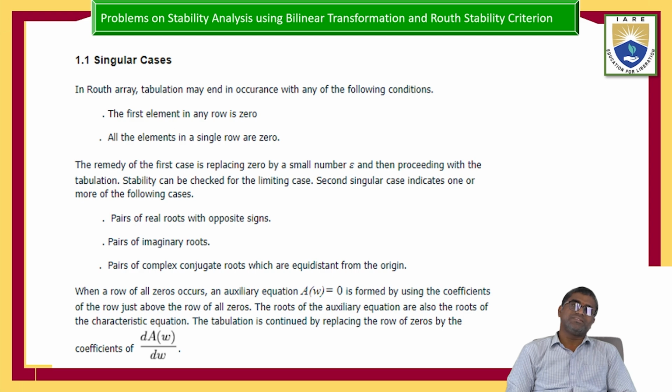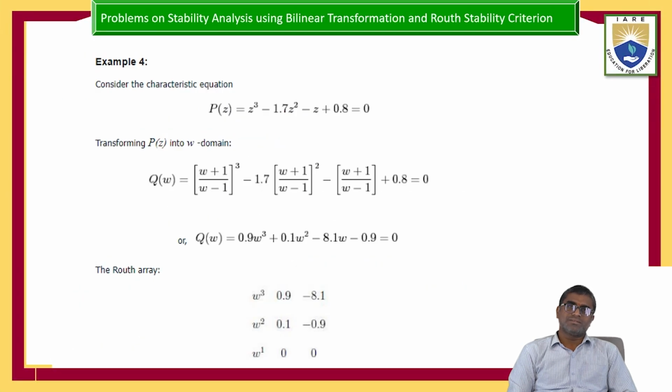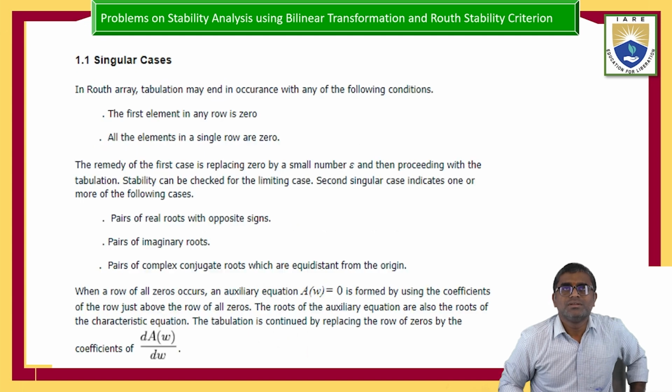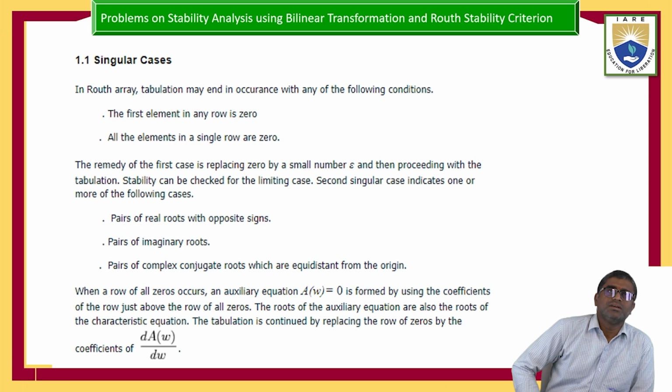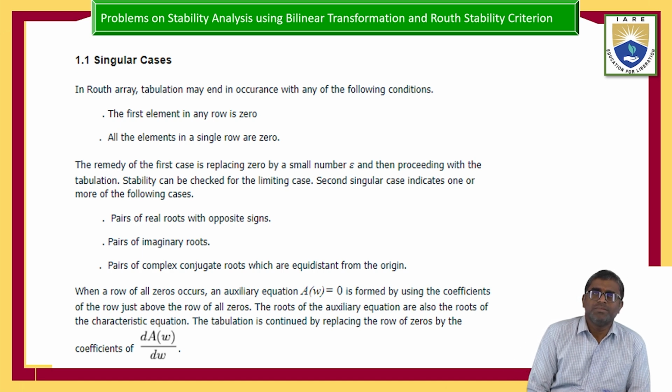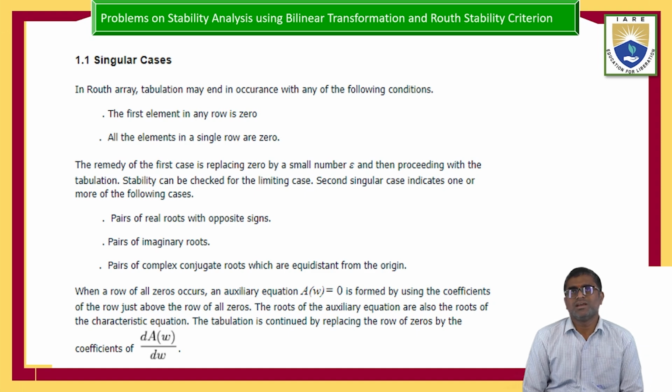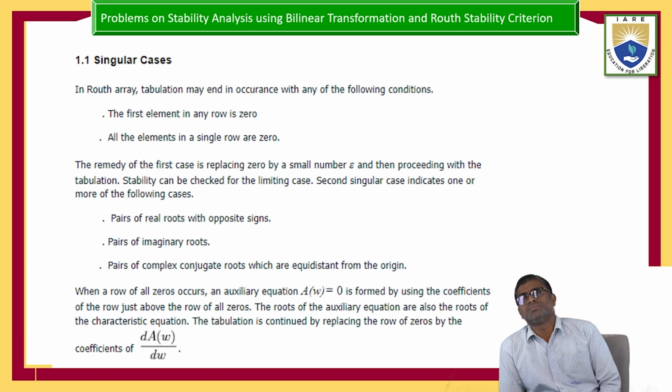Coming to the next one, singular cases. Next topic is singular cases. Okay, singular cases. In RH criteria, what are the singular cases we have to see? That is, in the Routh table a column may occur with any of the following conditions. That is, the first column element in any row is 0, or all the elements in a single row are 0. In the first case, we have to remember replacing the zero by a small number zeta, and then proceeding with the tabulation.